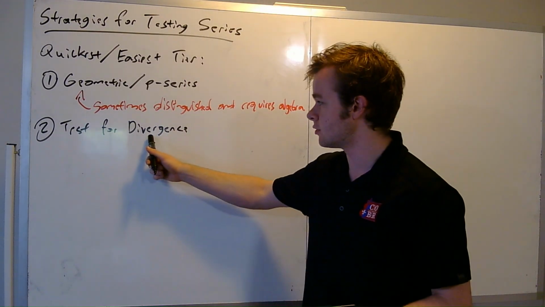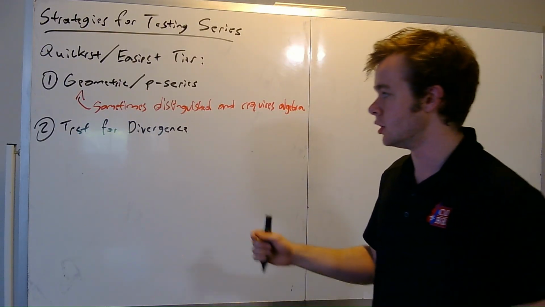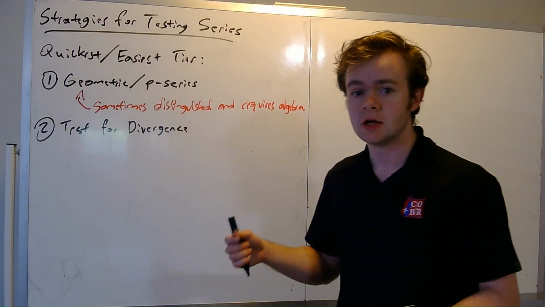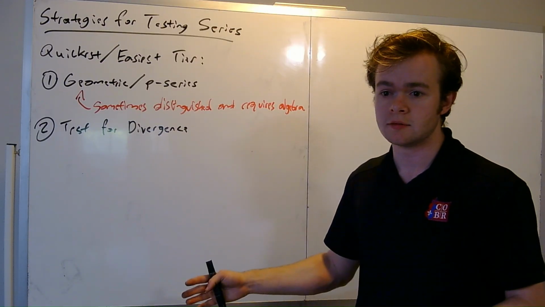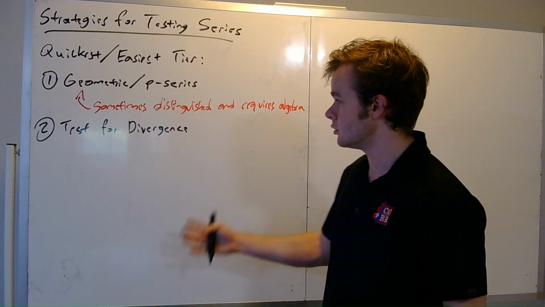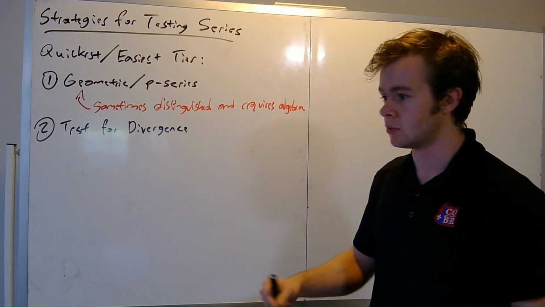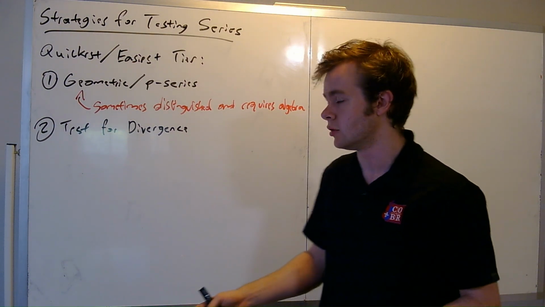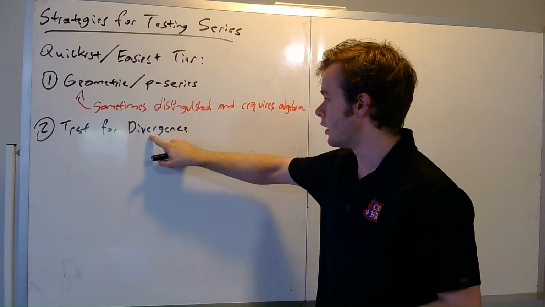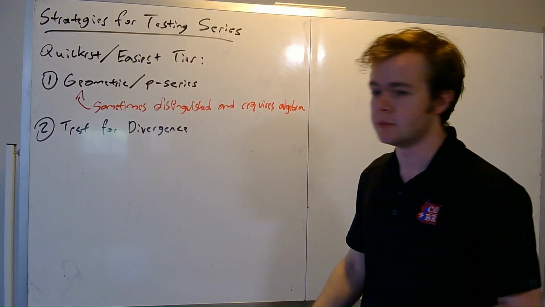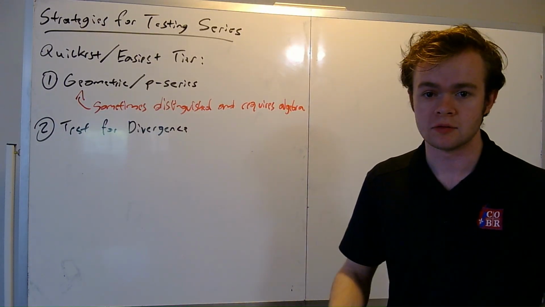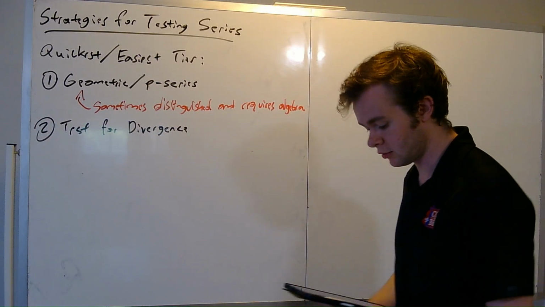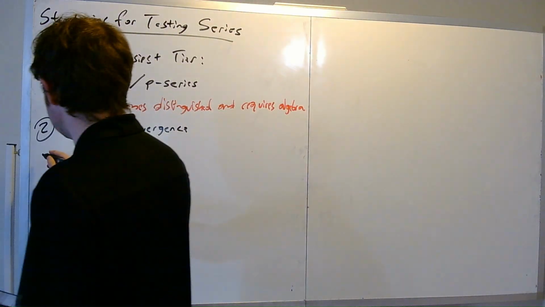So what the test says is if your limit as n goes to infinity either does not exist or is non-zero, then if you're adding together all of these terms, you're going to be getting something that's going towards infinity if your limit's non-zero, right? So that is going to tell you that you've got a divergent series. So that's another very useful and easy tool to use.